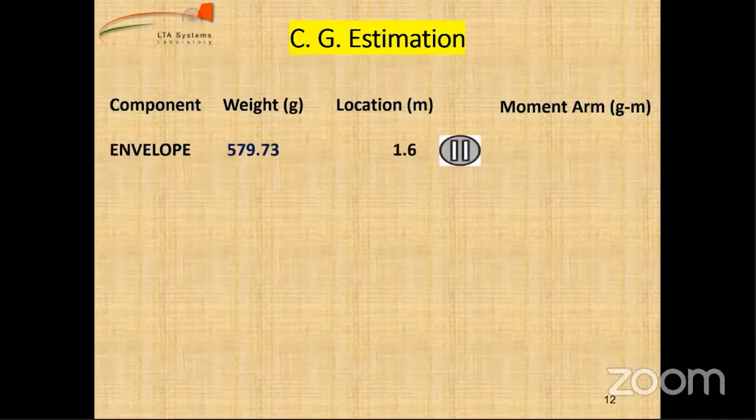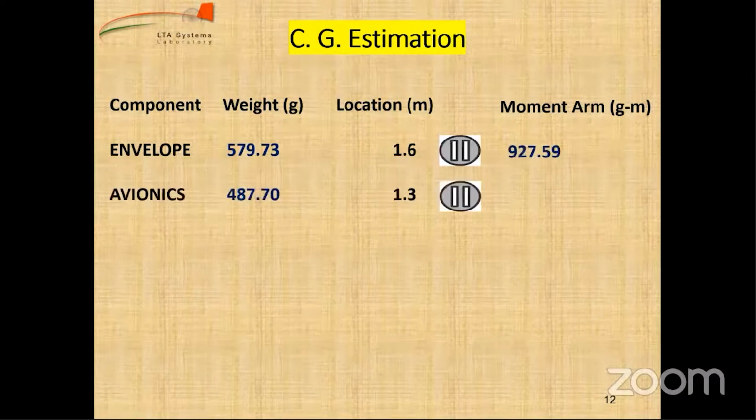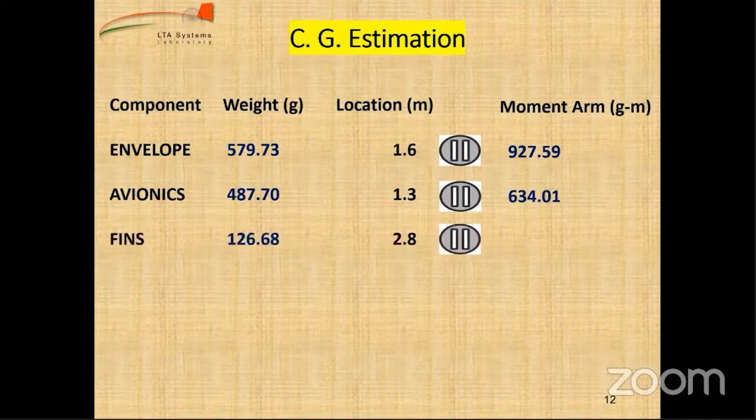So for the envelope, can you please multiply these two numbers and tell me what moment arm you get? 927. Okay, that's correct. Avionics. 634.01. Great. Fins. 354.70.